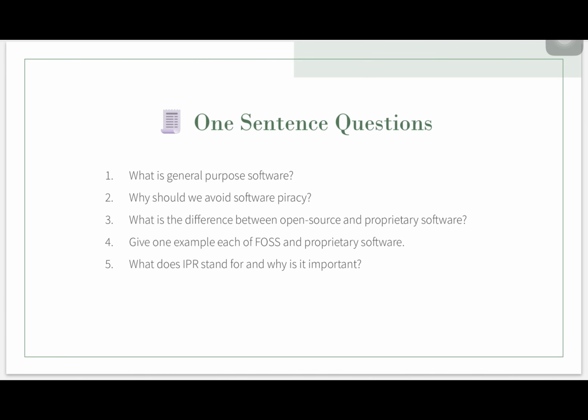Now one sentence questions. What is general purpose software? I will tell you not only one sentence; I will try to answer in 2-3 sentences. You can remember any one. See, general purpose software are free software which are used for daily tasks by everyone.